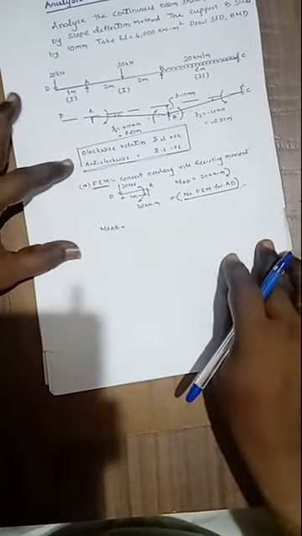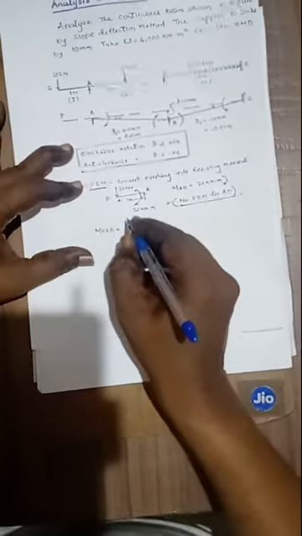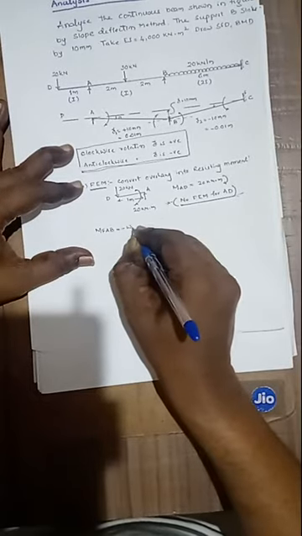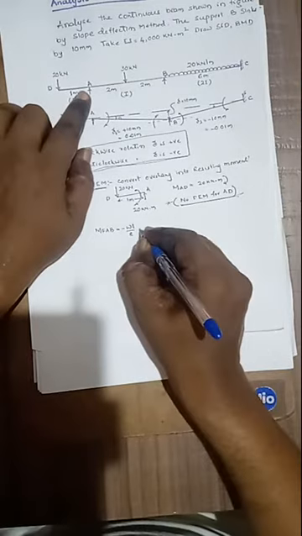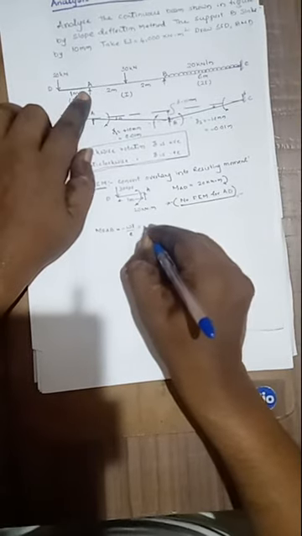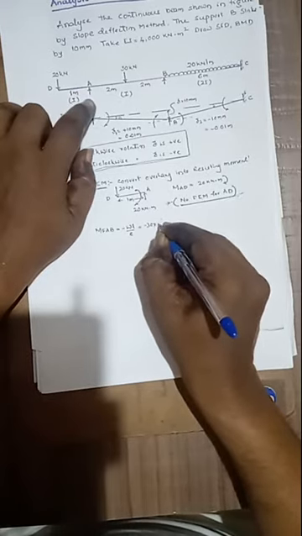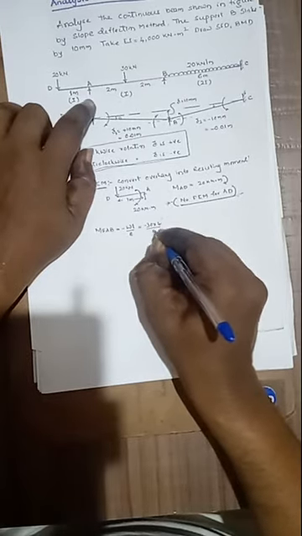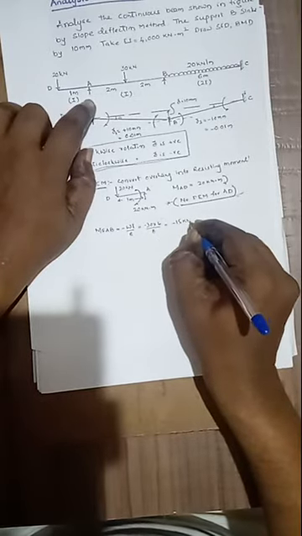MFAB is subjected to a point load at the center, hence the equation is WL by 8. Here it is anti-clockwise, W is 30, that is negative, into L 4 divided by 8, that is minus 15 kilonewton meter.